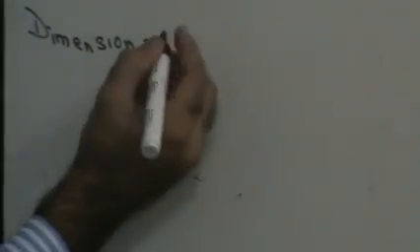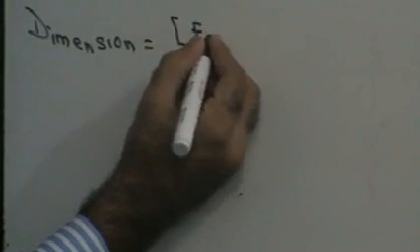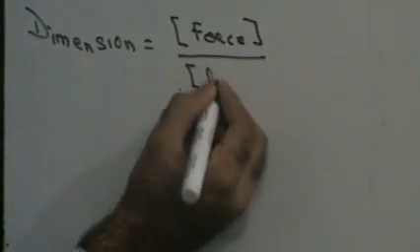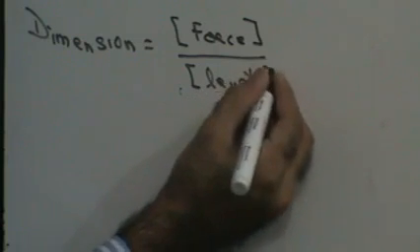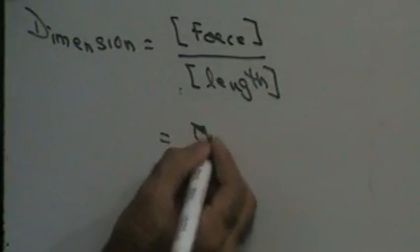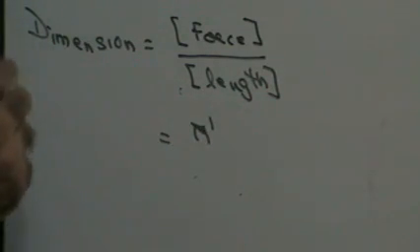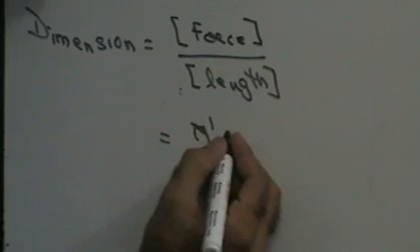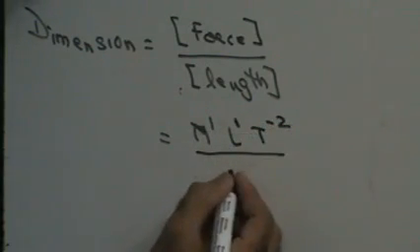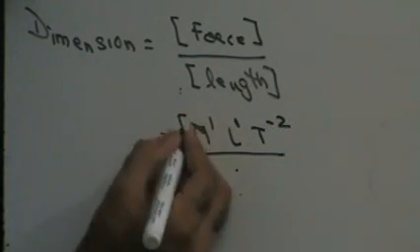Dimensions will be nothing but dimensions of force upon dimensions of length. Force is nothing but ma, so M1 times acceleration, displacement upon time square, upon length.